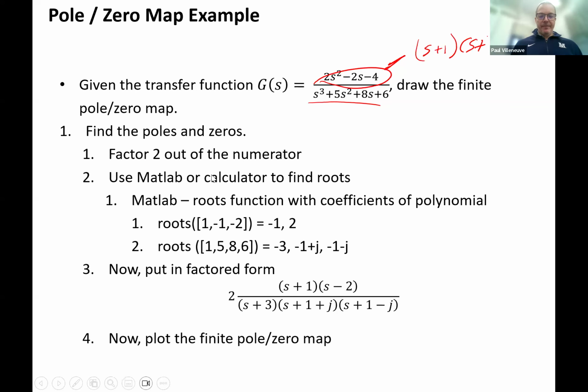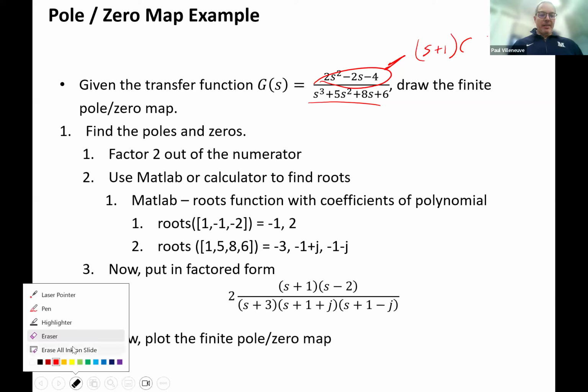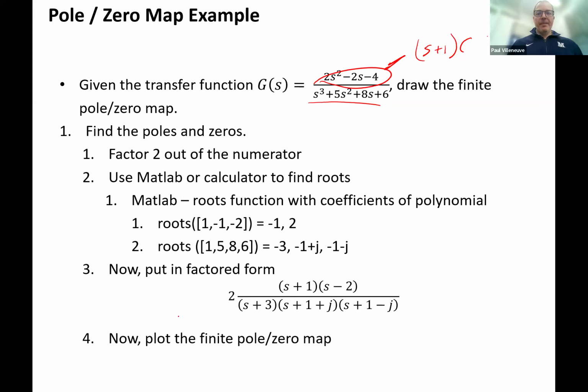Oh boy. I guess my eraser button doesn't work on my pen. I'm going to have to change up my pen. That becomes S -2. That's what that equation becomes.